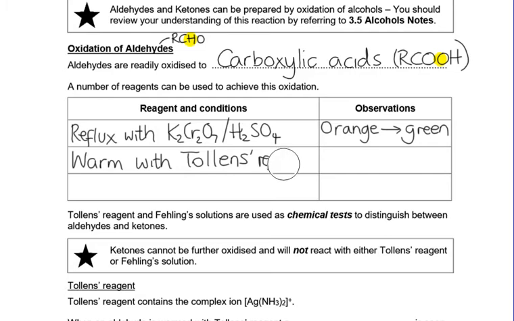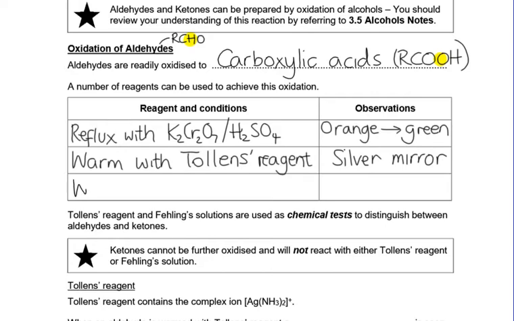What you're going to see is that the silver ions are reduced because the aldehyde is oxidized, and you'll see a silver mirror form on the outside of the test tube. So, warming with Tollens' reagent.